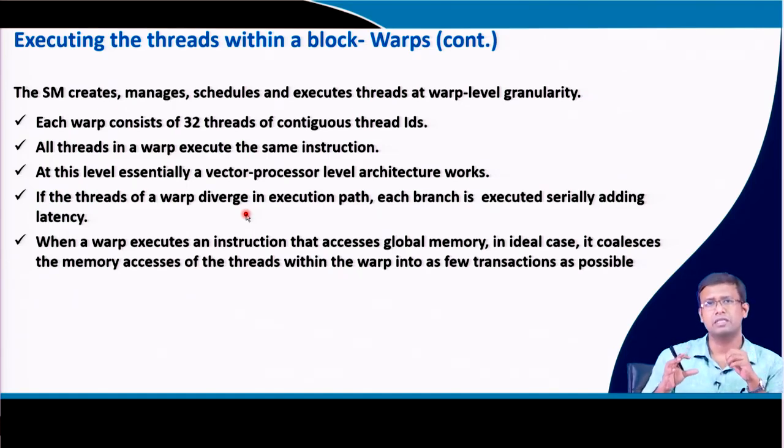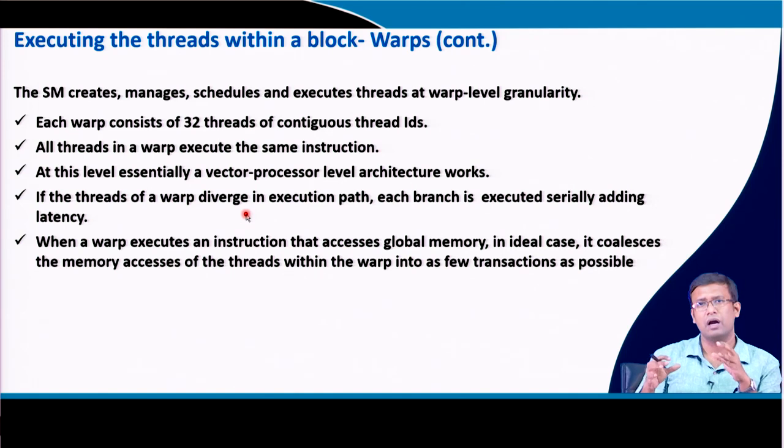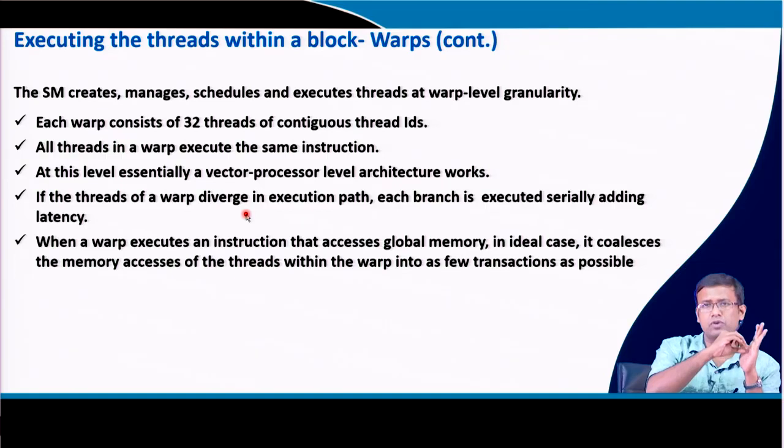When a warp executes an instruction that accesses the global memory, in the ideal case it coalesces the memory accesses of the threads within the warp to make as few transactions as possible. So, when the warp talks to the global memory, it is desired that it reads contiguous data from the global memory in a coalesced manner, because threads within a warp are identified by contiguous thread IDs. Similarly, the memory locations must be contiguous and the memory must be coalesced.